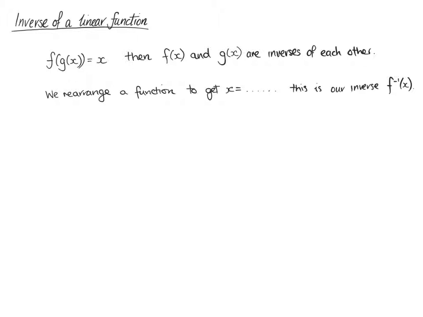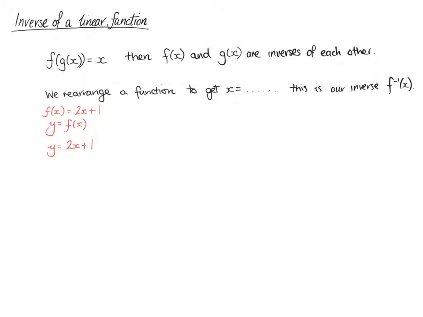So let's start with f of x is equal to 2x plus 1. For these we always have to say that y is equal to f of x. So that gives us y equals 2x plus 1. We're rearranging the function to get x equals something, and that is our inverse.